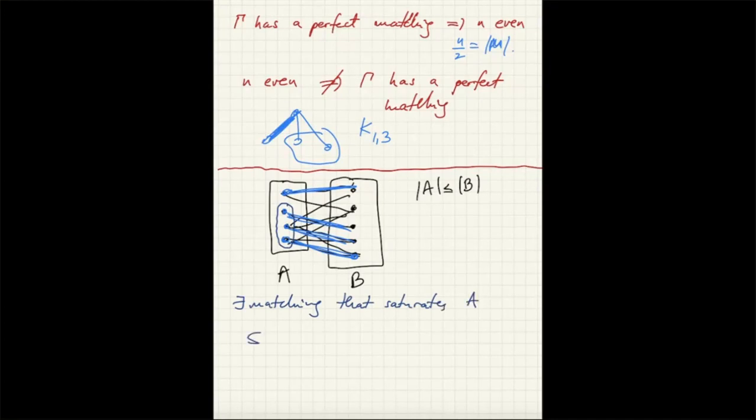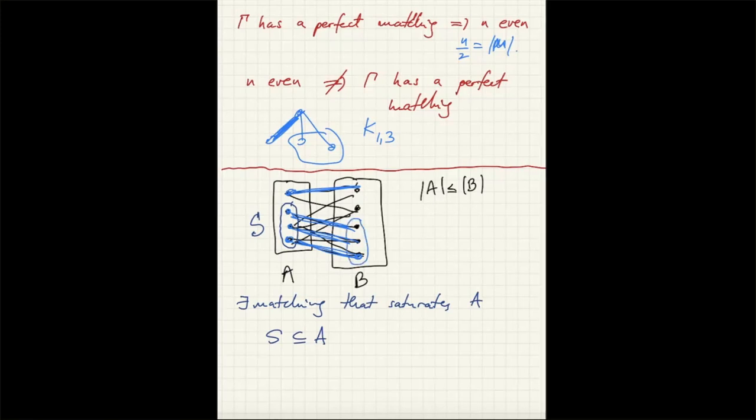Well, one thing we can say is that if we take any subset S of A, so in this case, S consists of these 3 vertices on the left, each of these vertices in S is contained in one edge of the matching that saturates A. On the other side of the graph, we will have the corresponding other endpoints of these edges in the matching.